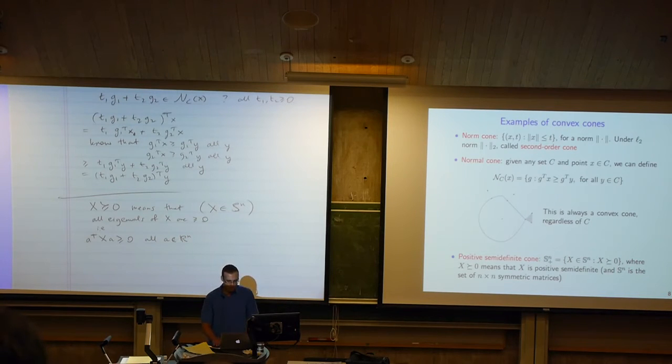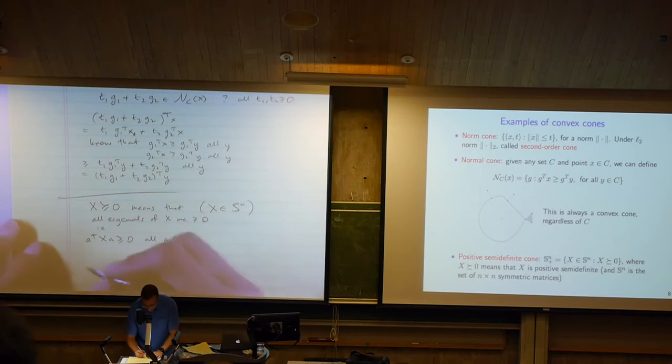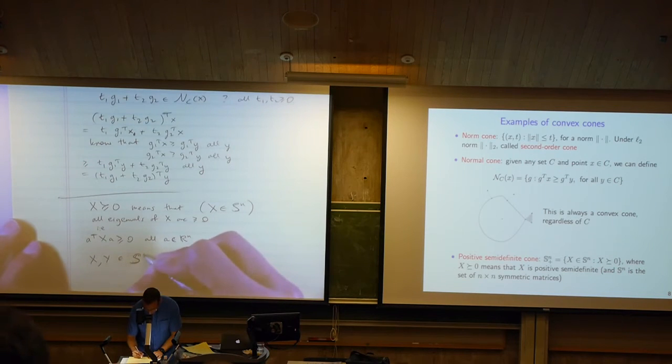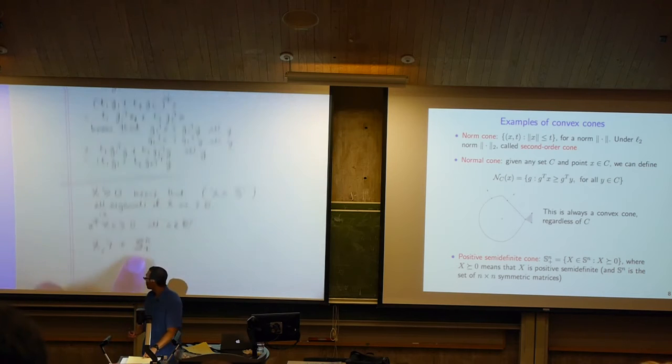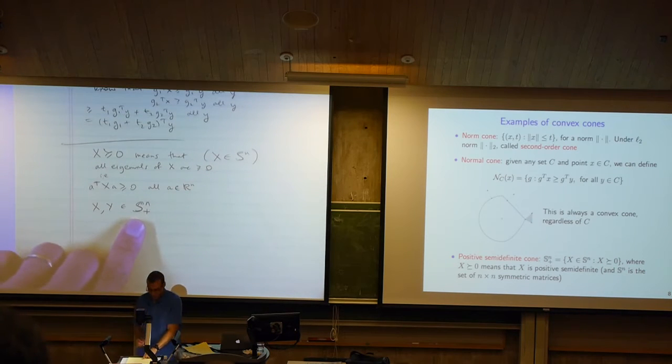So it turns out this thing is a convex cone over matrices. So let's check that also. What happens if I give you X and I give you Y that are in this set of positive semi-definite symmetric n by n matrices?